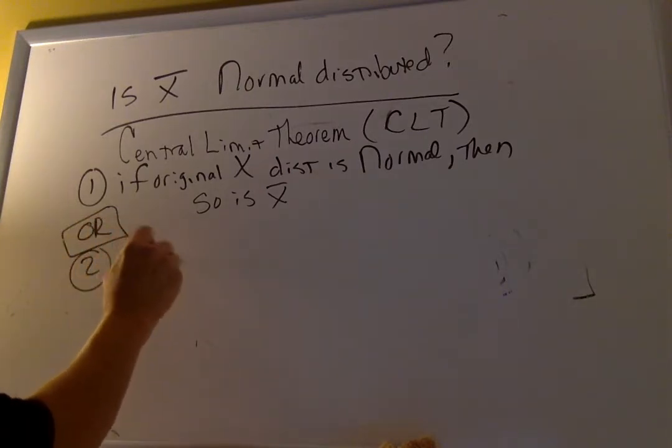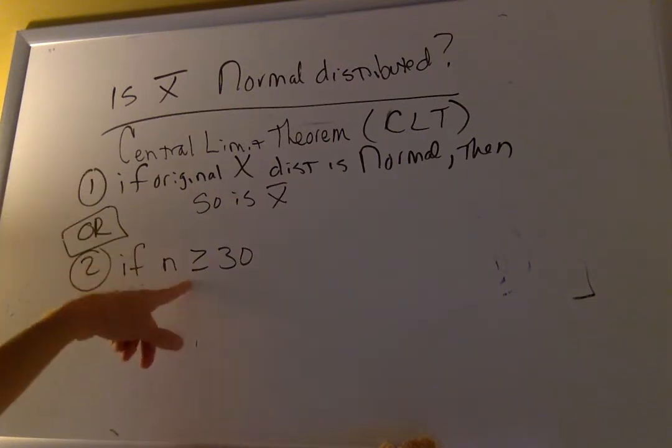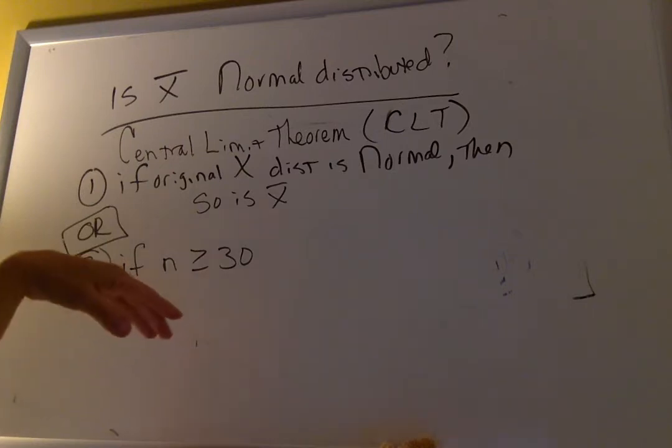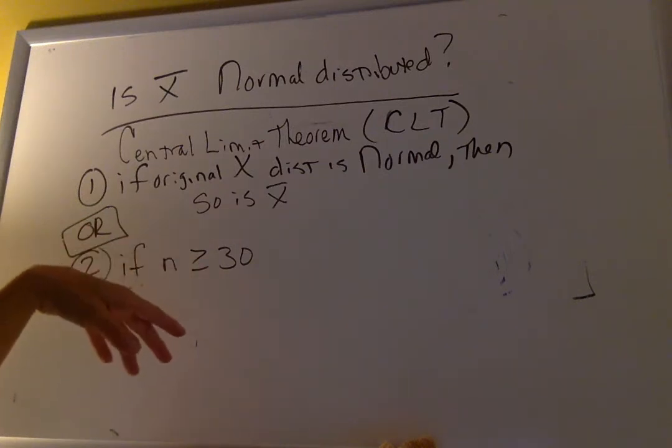Here's my magic number. It's probably the first magic number. If n is greater than or equal to 30. It's almost as simple as that. Now, obviously, this is an intro to statistics. In real life, we do further tests to make sure we have normality. But believe it or not, that's a really wonderful rule of thumb. Like, if you just have something slightly skewed, you could probably get away with 25, 24.